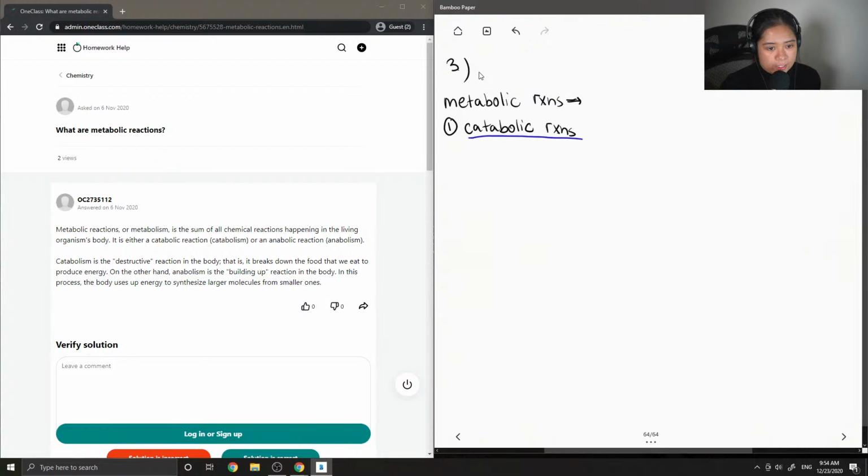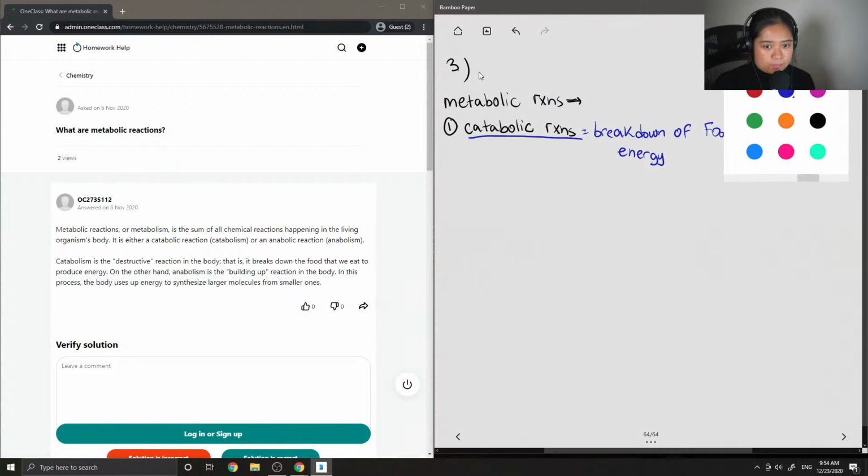So catabolic reactions, this is the breakdown of food to obtain energy. Okay, so catabolic reactions are one of the examples of a metabolic reaction, and the second example is an anabolic reaction.